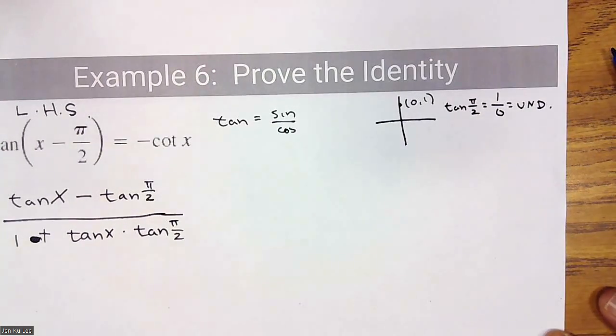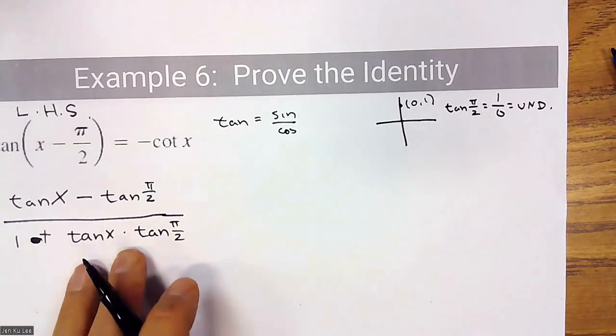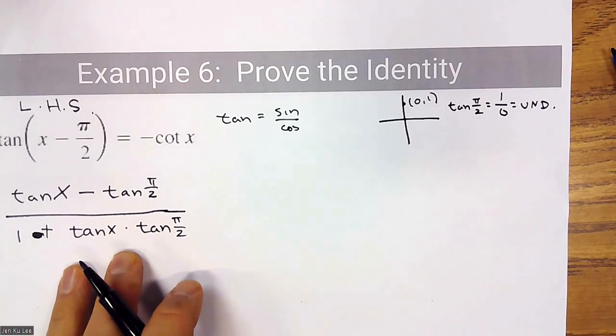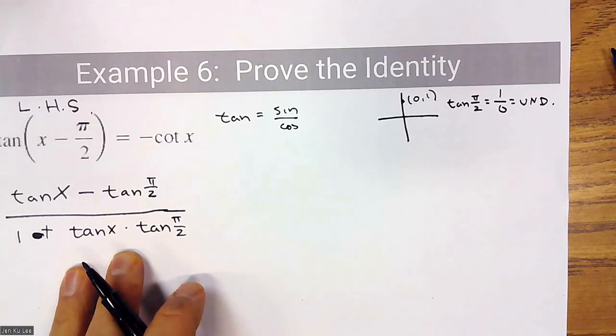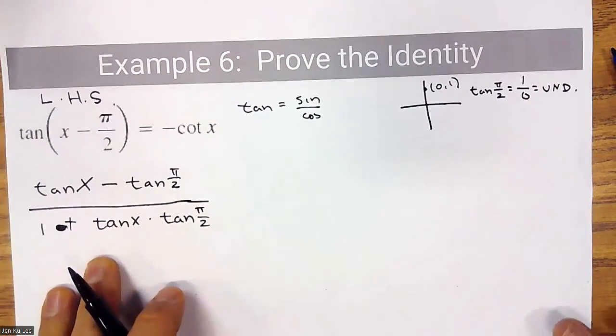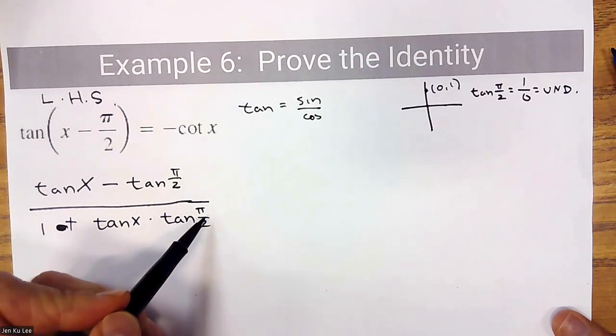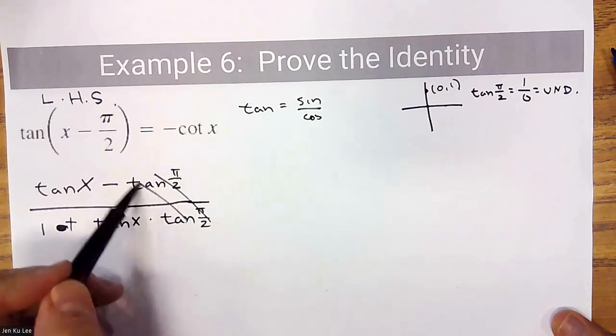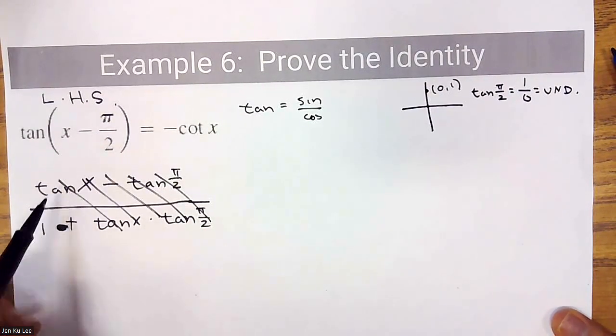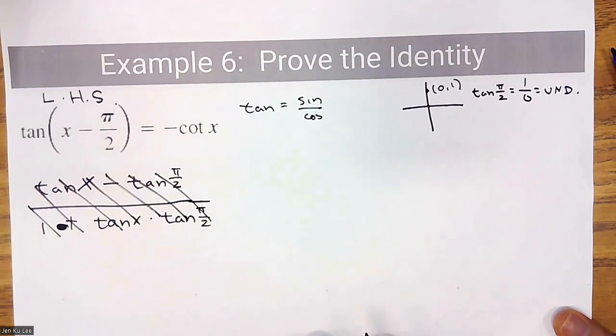Once you hit an undefined, you can't do anything. There's nothing I can do here. So I went down a wrong path, so you can erase it or just cross it out.